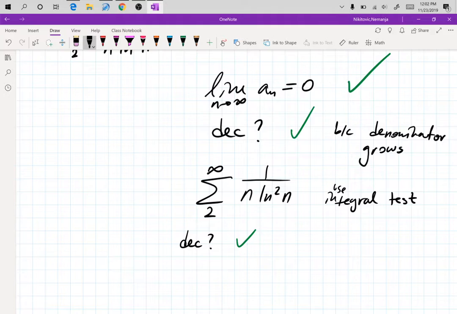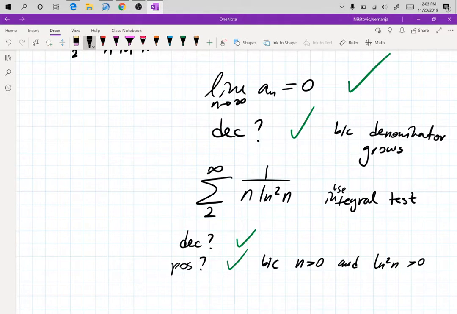Is it positive? Yes, because n is larger than 0 and ln squared n is larger than 0, so everything is larger than 0.